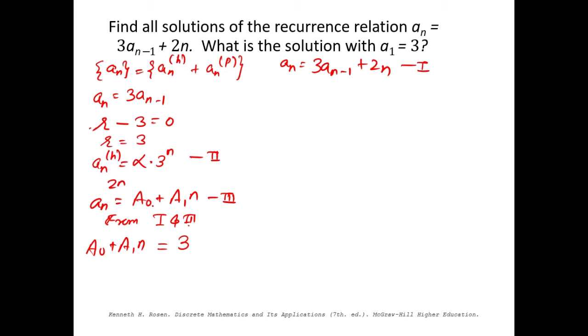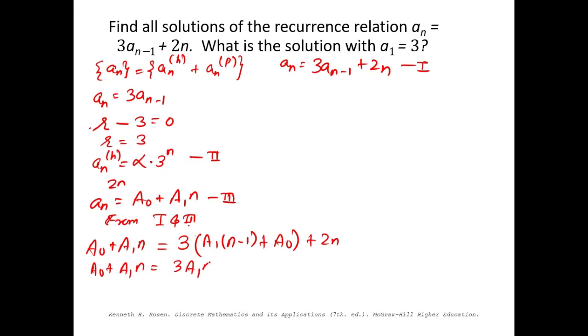If an is a1n + a0, then an-1 will be a1(n-1) + a0. Solving this further, we get a0 + a1n = 3a1n - 3a1 + 3a0 + 2n.